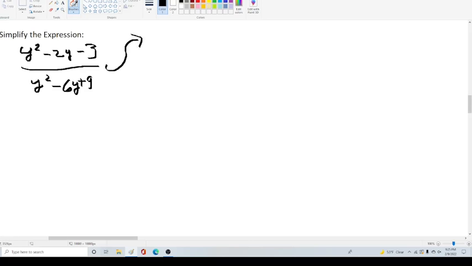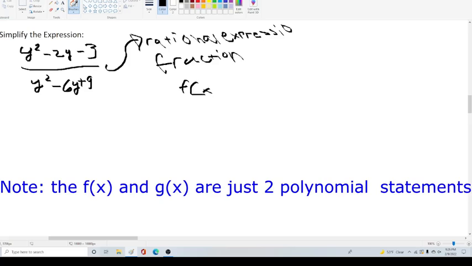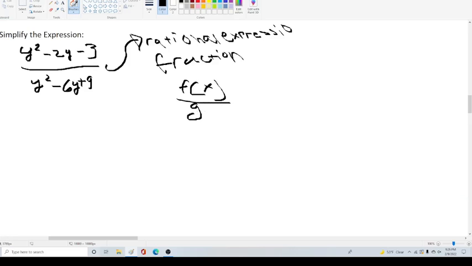This is a rational expression, and so it's usually in the form f of x over g of x. So, our goal is to simplify this. Meaning, if there's anything we could combine or cancel out within this fraction, we will.